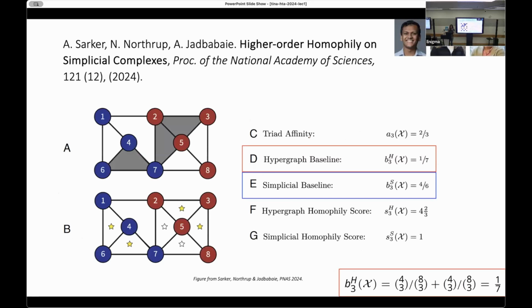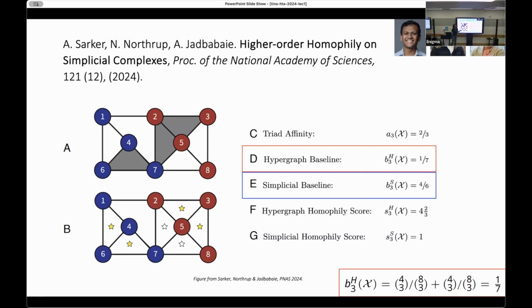So the affinity is still the same. So here, for example, the triad affinity is I have 3 shaded triangles, but 2 of them are composed of nodes who have the same color, right? This is all blue, this is all red, and this has a blue, so this doesn't count.